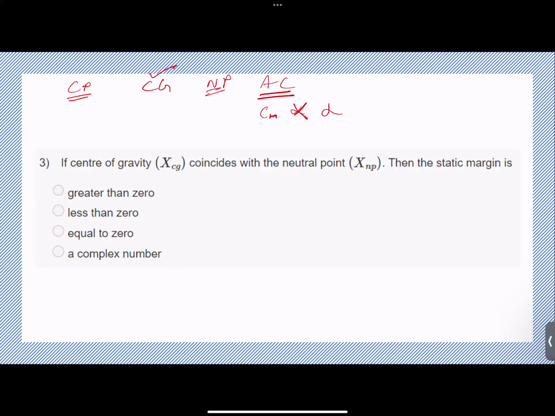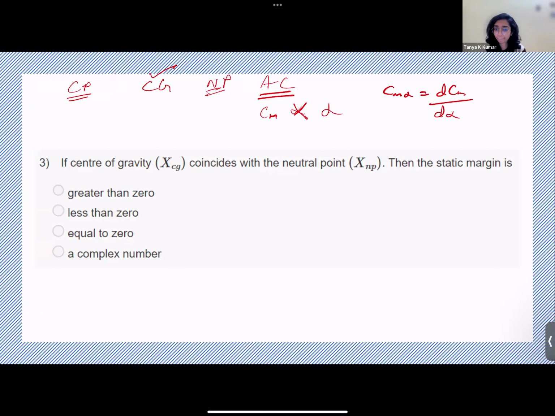It means del Cm by del alpha. Del Cm by del alpha is Cm alpha, right? Oh, okay, sorry, my bad. Cm alpha is the slope. So if the slope is 0, the pitching moment remains constant throughout the flight, so it's the same definition.